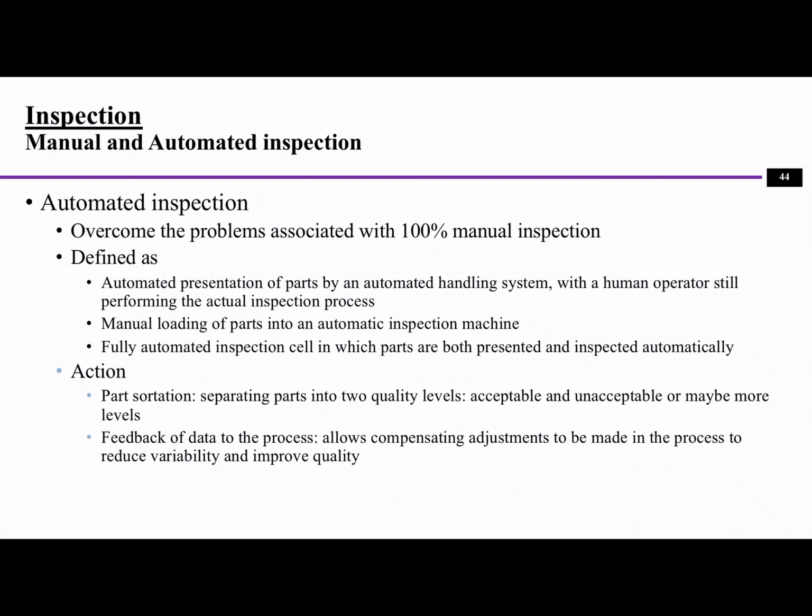For example, the operator probably has to manually put the part on a machine and let the machine do the inspection by itself. That's also automated inspection. And a lot of times, because automated inspection is really fast, with a lot of automation, it can actually inspect 100% of the parts.